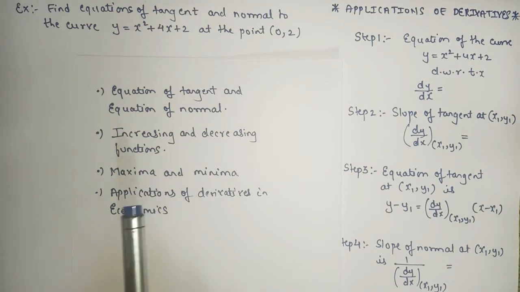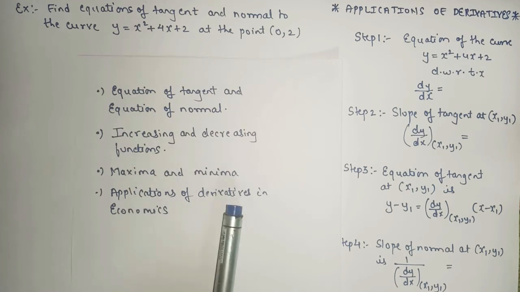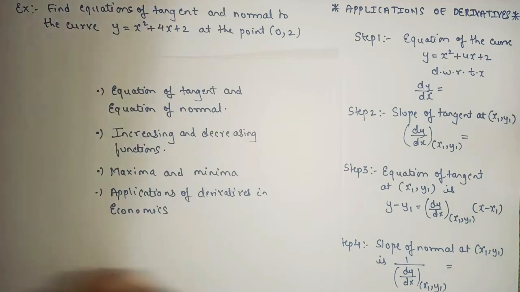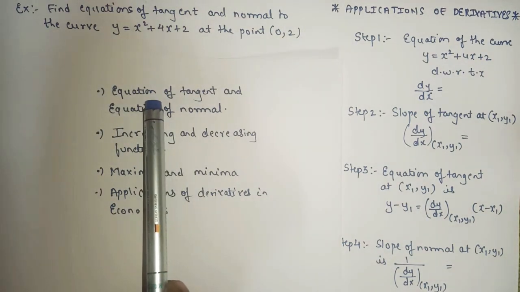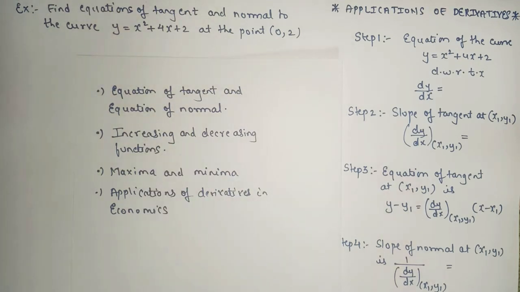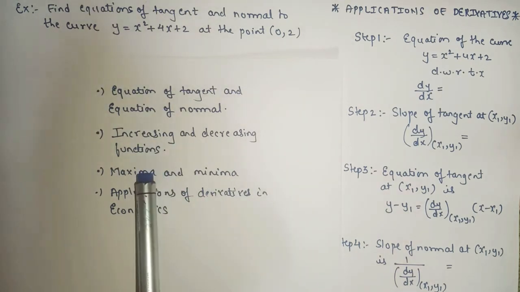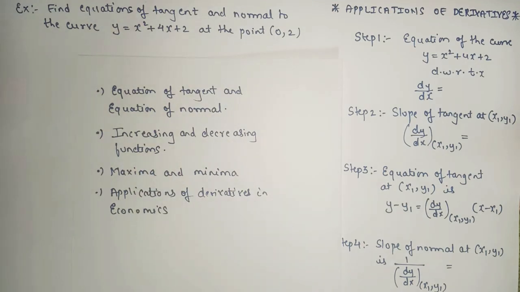And your fourth exercise is based on applications of derivatives in economics. So this chapter is divided into 4 groups: the first exercise is on equation of tangent and equation of normal, the second on increasing and decreasing function, the third on maxima and minima, and the last on applications of derivatives in economics.